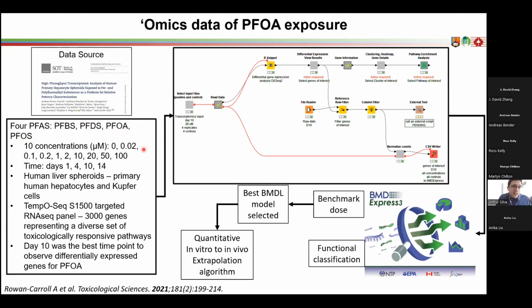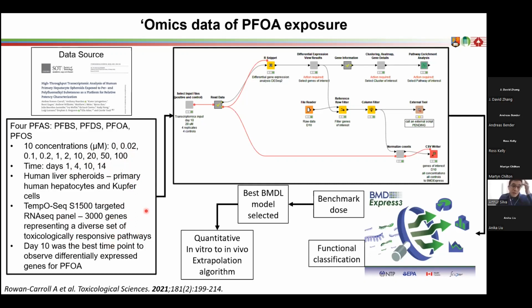They used 10 concentrations from 0 to 100 micromolar. The top non-cytotoxic concentration to the liver spheroids was 20 micromolar. They used 4 time points, day 1, 4, 10, and 14 of the exposure, and a targeted RNA-seq panel with 3,000 genes representing a diverse set of toxicologically responsive pathways.